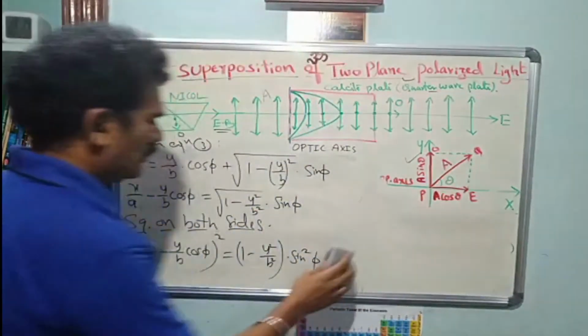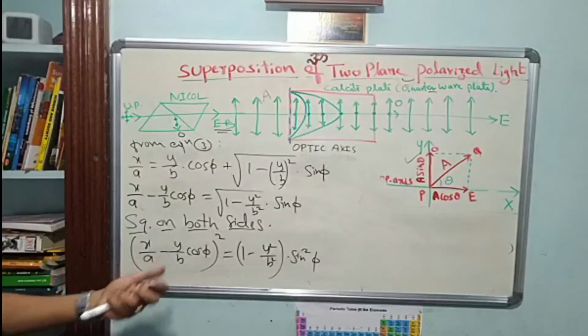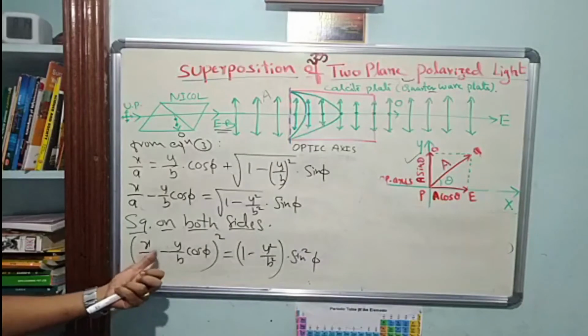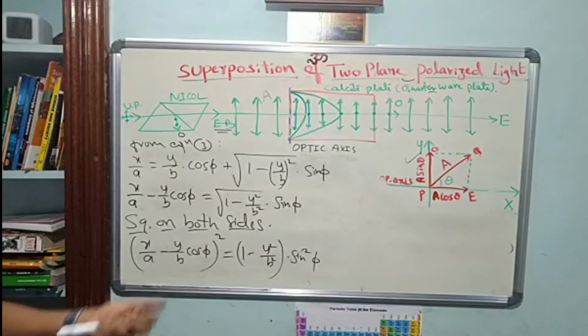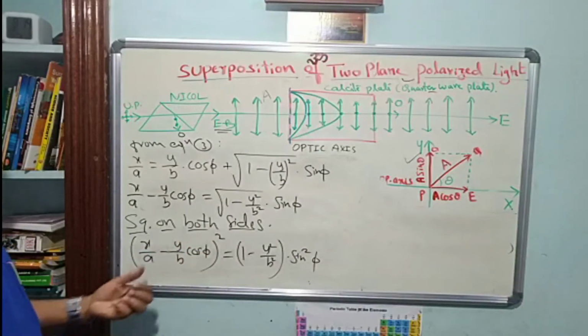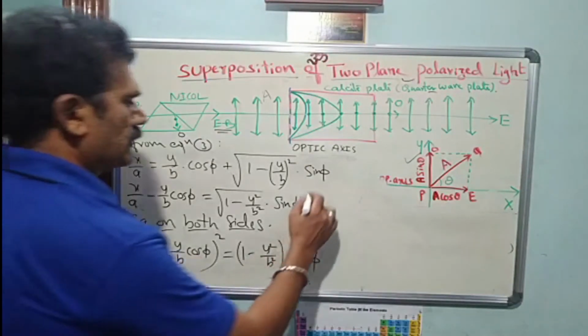So after this step, we can again apply the trigonometric rule. What the trigonometric rule says here now, look at the left hand side. We have a minus b whole square. So just write down this a minus b whole square in split form.